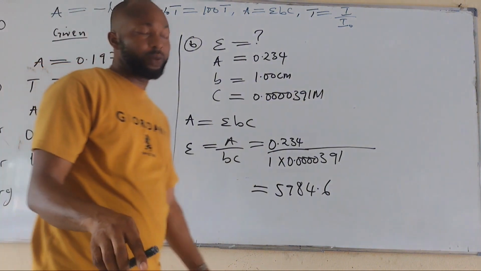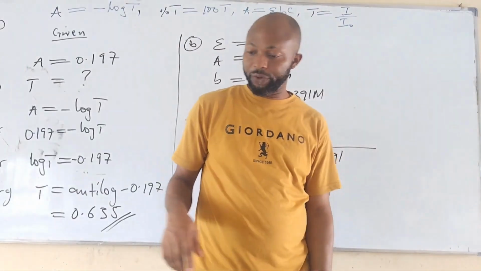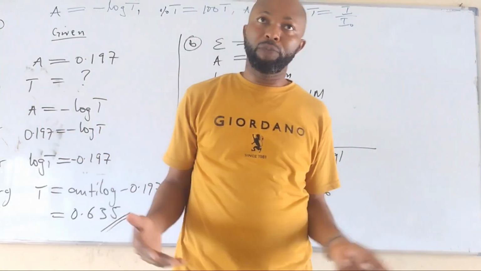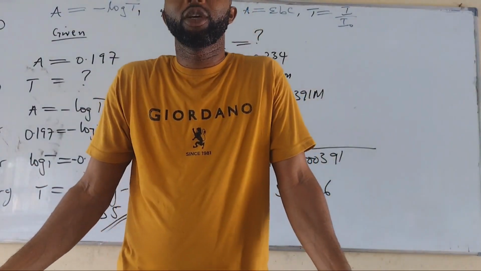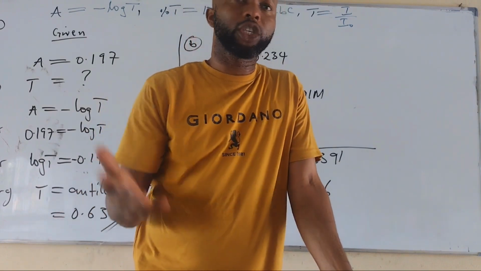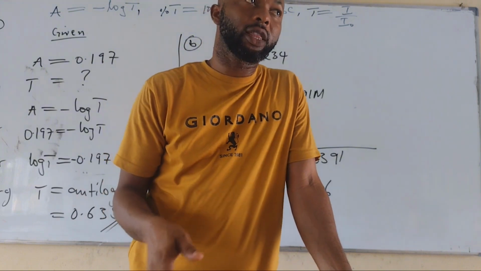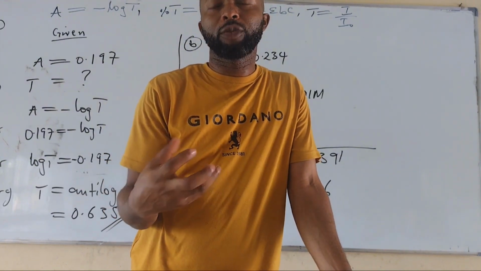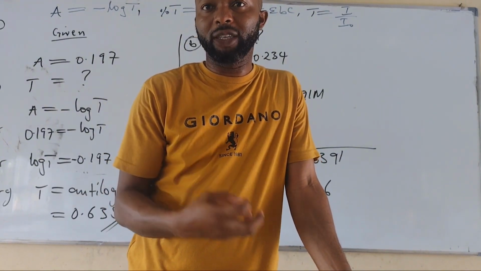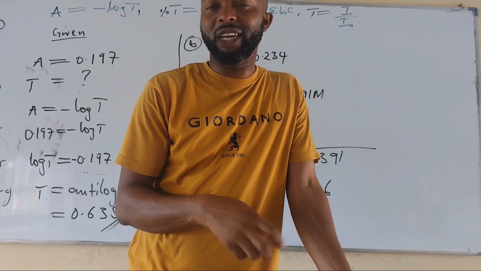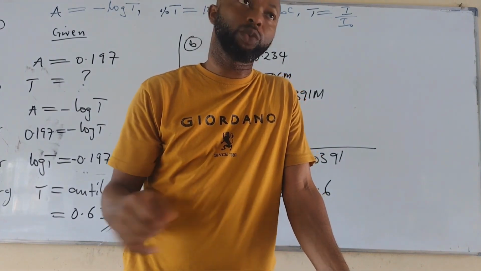So yes, that's where we're going to stop. The beauty about what we're dealing with today, which is Beer's law, is that the concentration is directly proportional to the absorbance, and for that there must be what we call the absorptivity and the path length of the cuvette, which we're going to use.